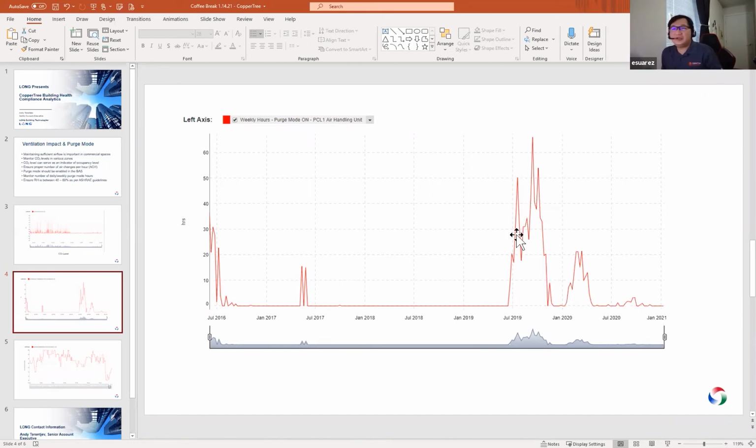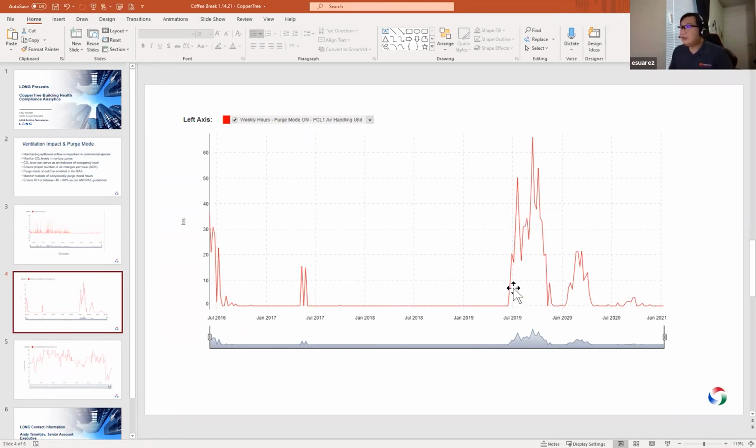I think they're trying to balance, there's a fine line between balancing energy efficiency and the importance of purge mode. So one of the recommendations I've seen from ASHRAE is that you should actually disable the demand-based ventilation setting.